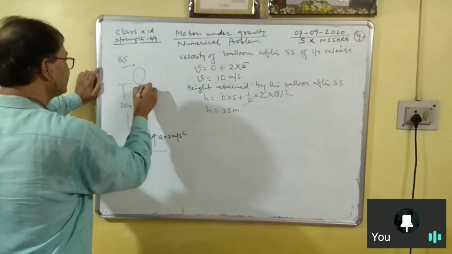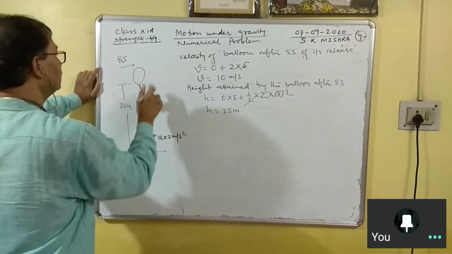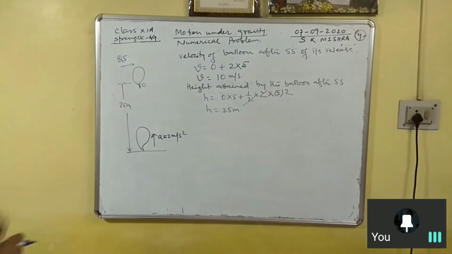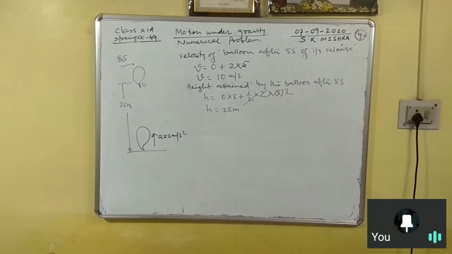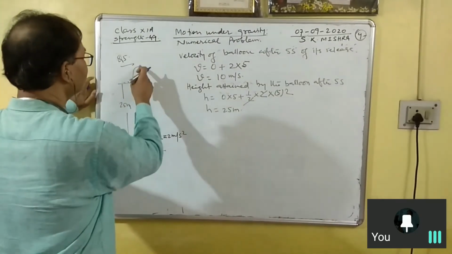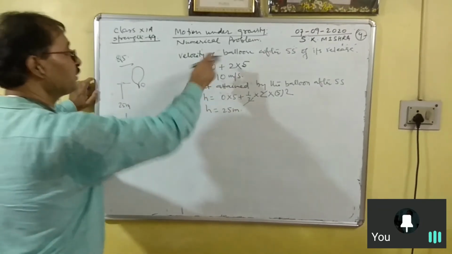And at this instant a stone is released from the balloon. If I ask you what is the initial velocity of the stone, then the initial velocity is the velocity of the balloon, which is 10 meter per second at t equal to 5 seconds.